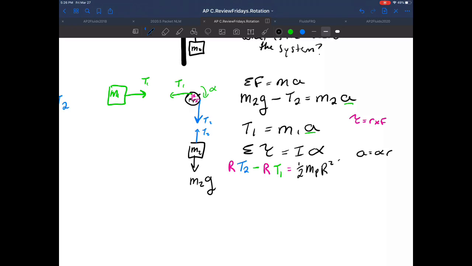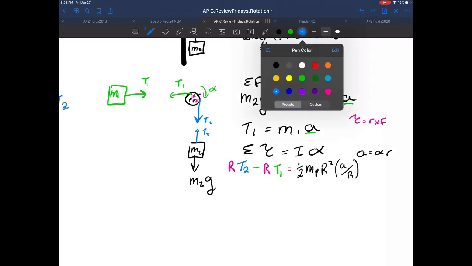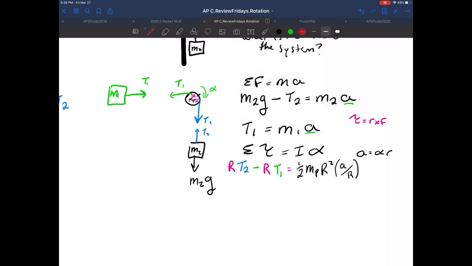So instead of writing alpha, we can write it as A over r. And yes, this r and the other r's are all the same r because they are all the radius of the pulley. The string is connected on the outer radius. This allows us to cancel some r's, then cancel some r's because of the other side. And we end up with an expression that says T2 minus T1 equals 1/2 mass of the pulley times acceleration.